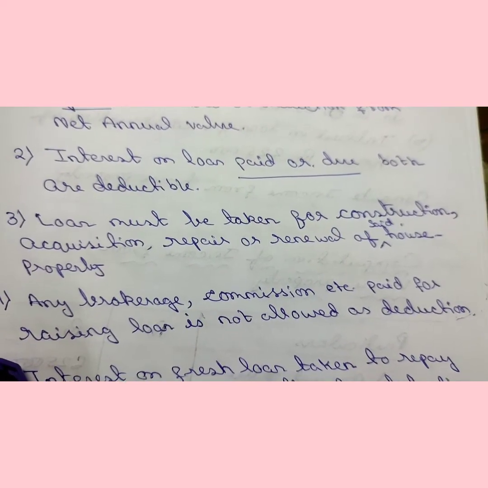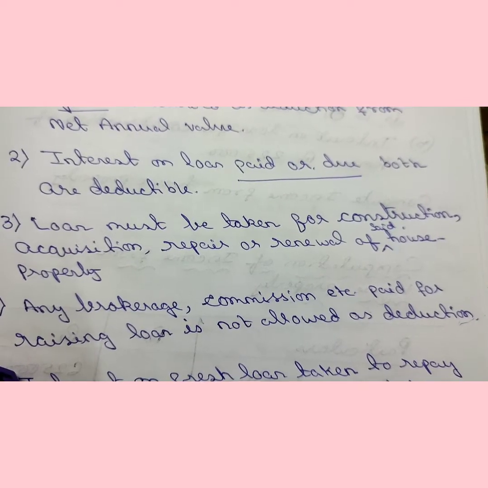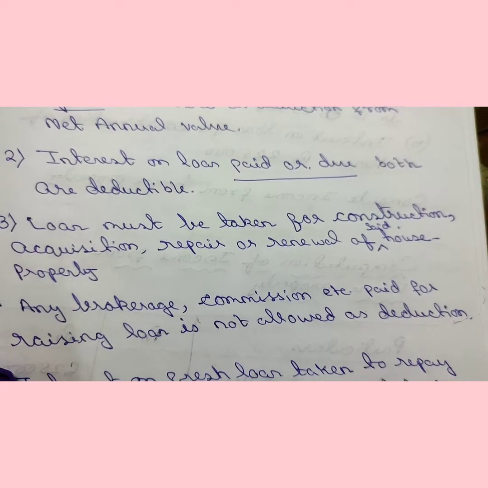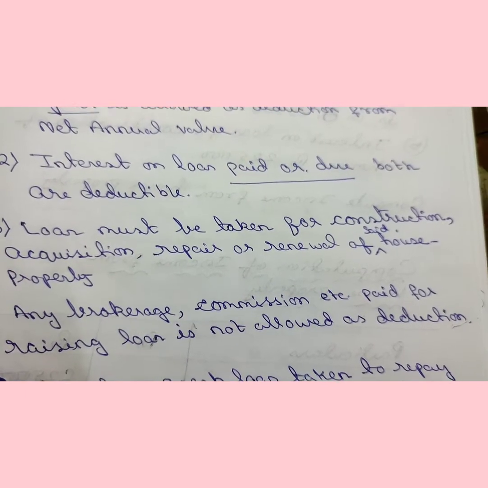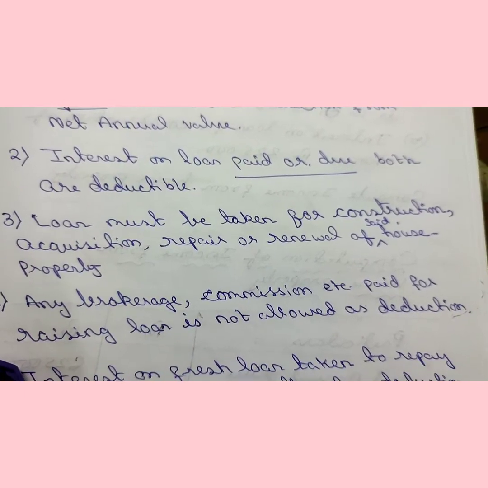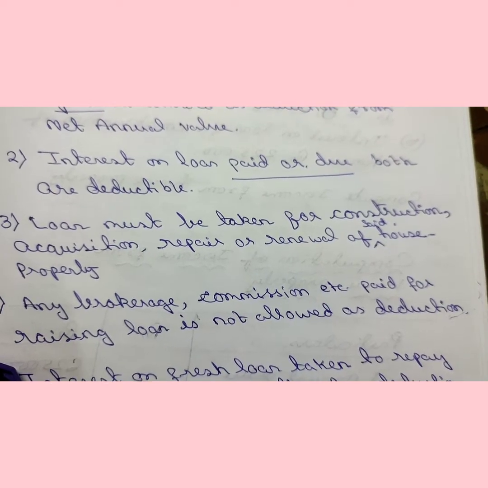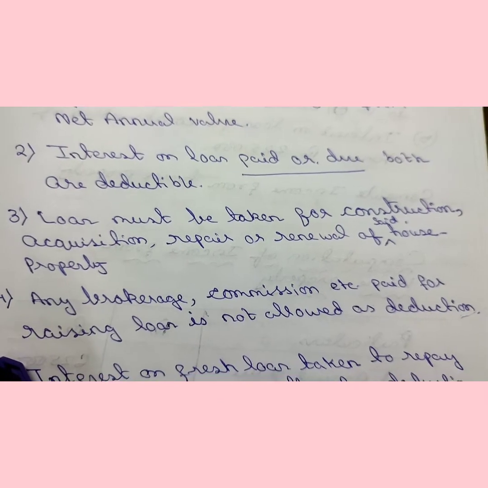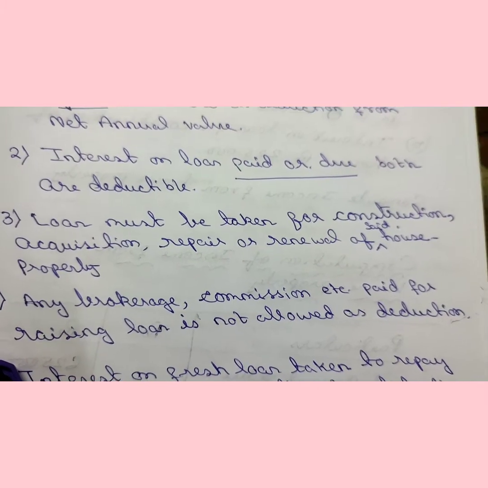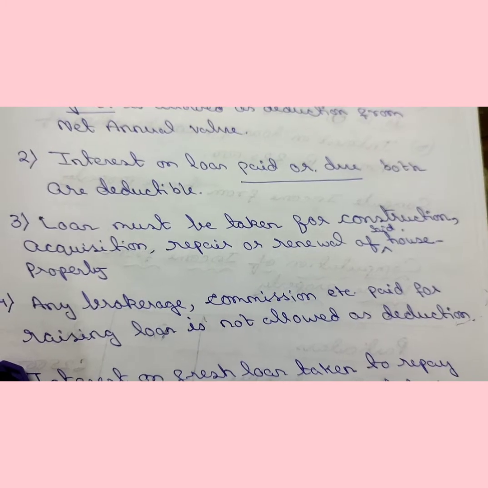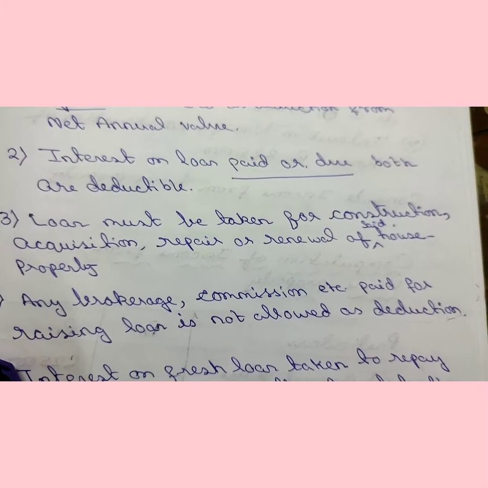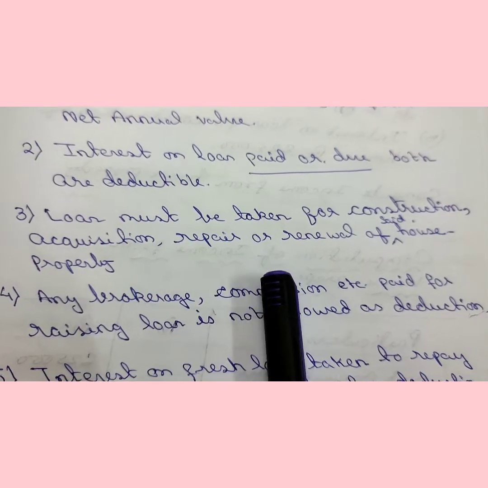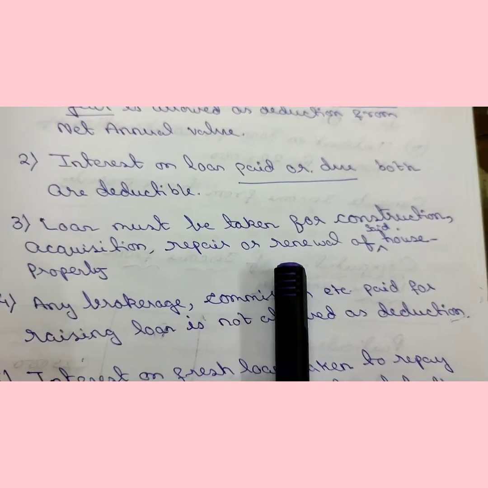Now, if a person takes a loan for his daughter's marriage, the interest for that loan is not deductible. If a person takes a loan for purchase of his car, interest for that loan is not deductible. Only the purpose should be loan taken for construction, acquisition, repair, renewal and reconstruction of that house, no other house.